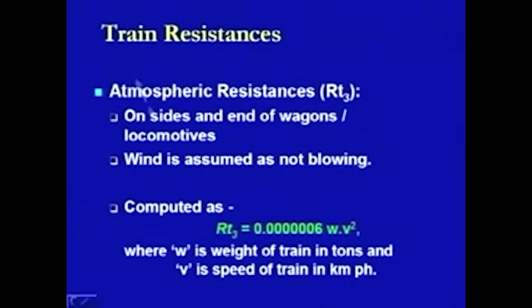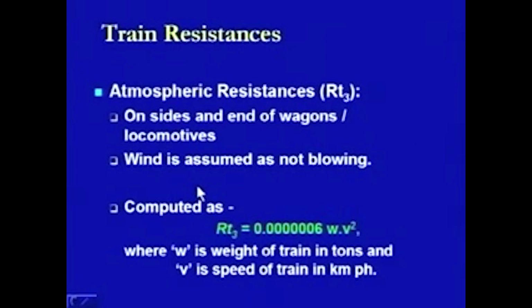And this effect is going to be there on the sides of the wagons or the locomotives, or at the ends of the wagons or the locomotives. And this value is computed as 0.0000006 W into V squared, where V is the speed of the train in kilometers per hour.